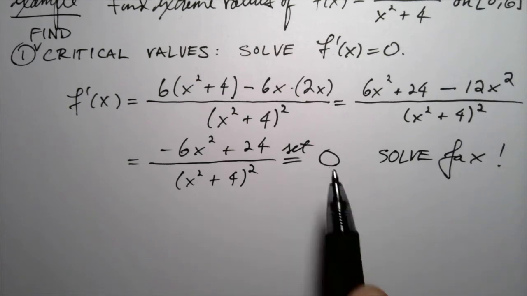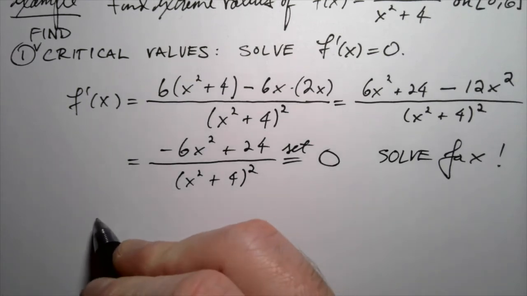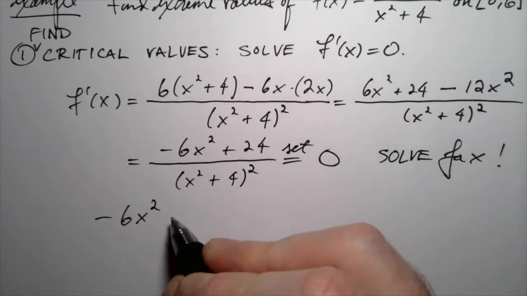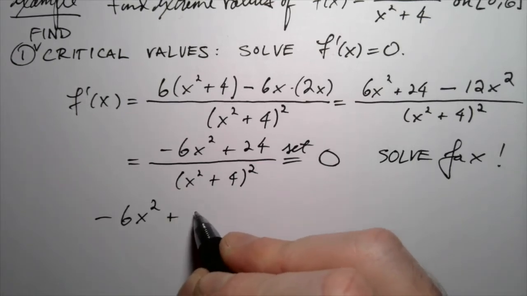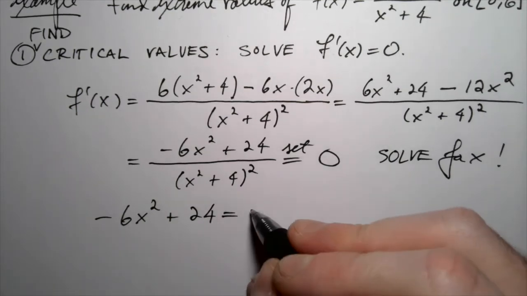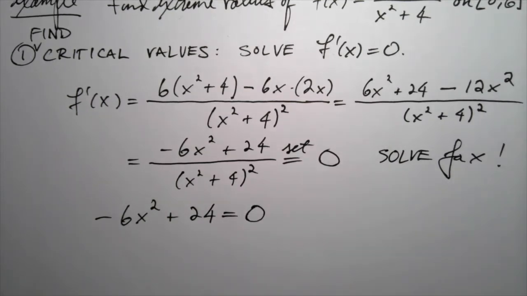Because this fraction is equal to 0, we can multiply both sides of the equation by that denominator, x squared plus 4 squared. We end up getting minus 6x squared plus 24 equals 0. That's fantastic. That's a much easier thing to solve than anything involving this x squared plus 4 squared business.